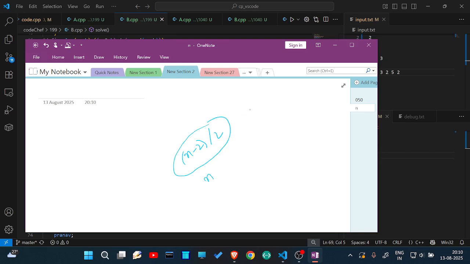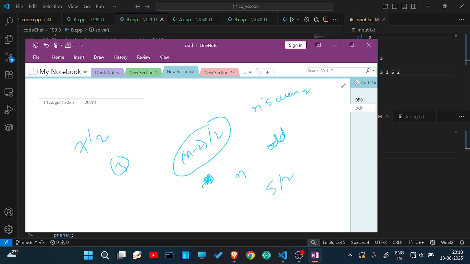This is if n is even. Okay. This is what you can get. Then if n is odd, then it is odd and you want even. 7 by 2 is suppose 3.